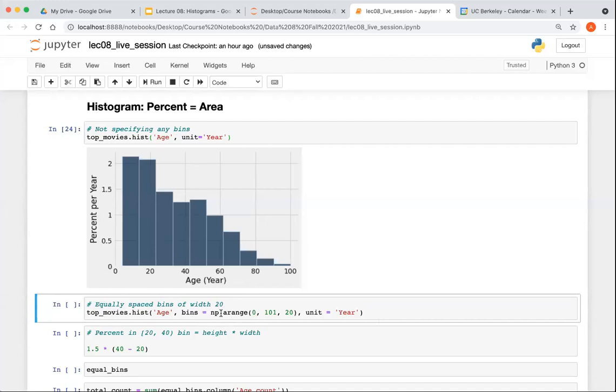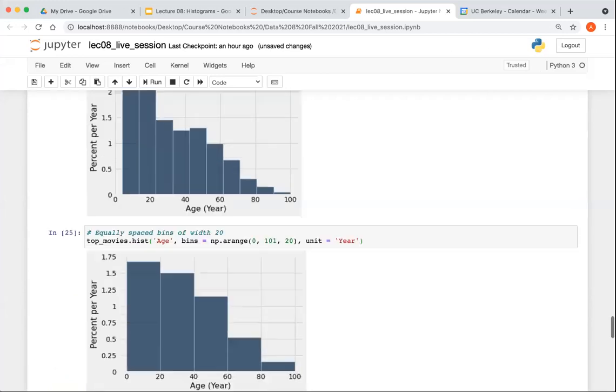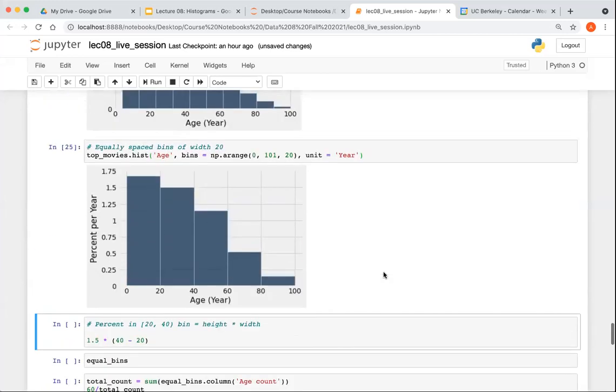So I specify equally spaced bins, equally wide bins of width 20, using the bins argument, just as you had for the bin method. And you get a histogram that has 5 bars. And now you know exactly where the edges of the bins are.